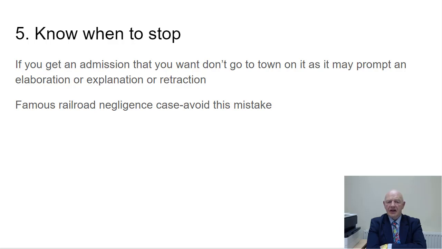The question of negligence then arose. Was the railroad negligent in respect of this man's death, or did he contribute greatly to his own death by being drunk and falling out in front of the train, and it was self-inflicted to a huge extent, a huge amount of contributory negligence and so on?